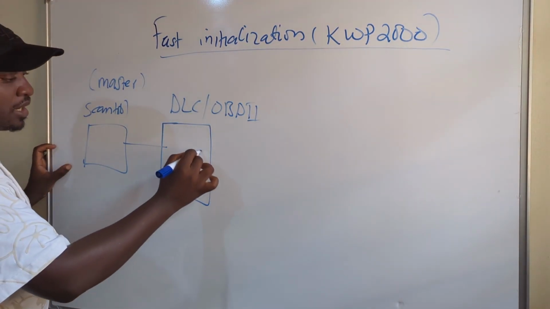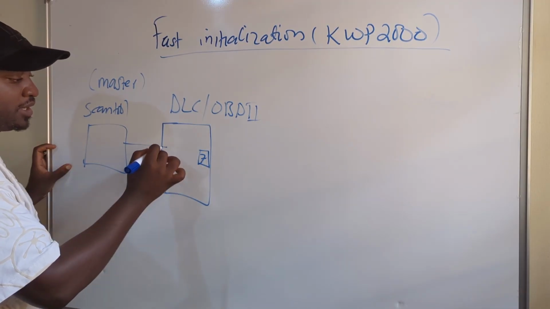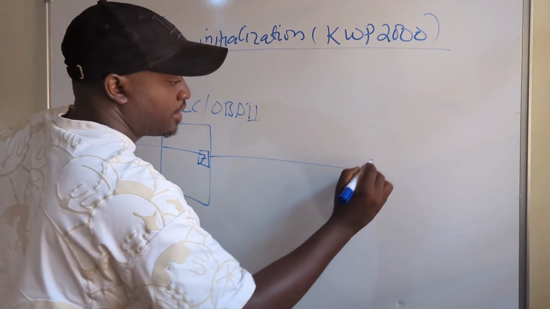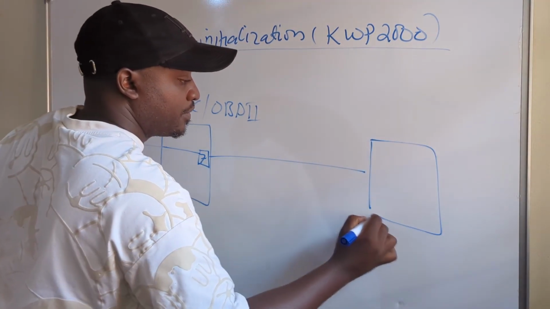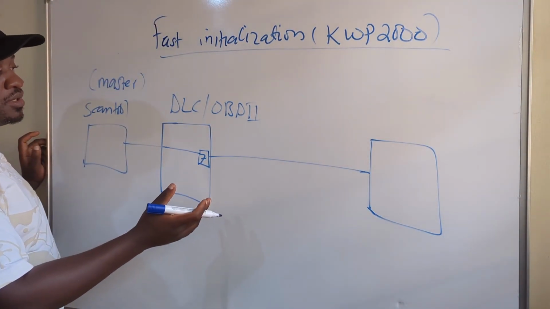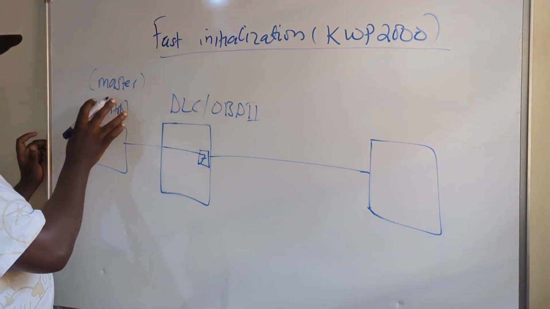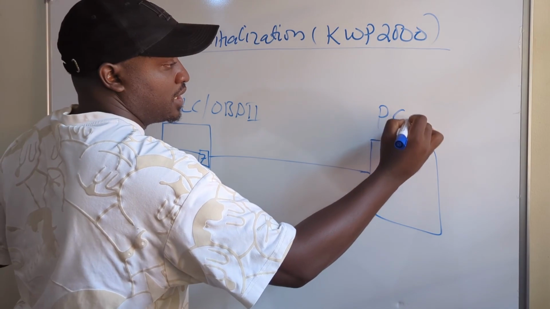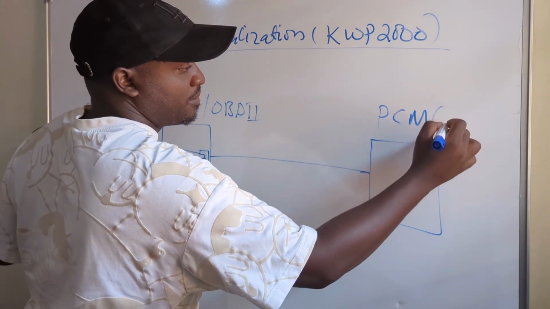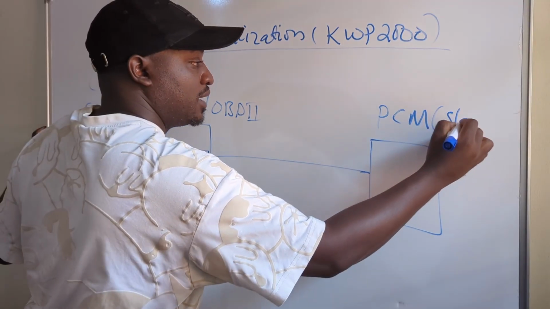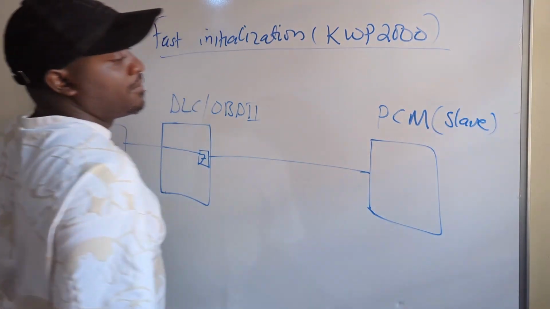In this case, I'm focusing on pin 7. And initiate communication between the master, which is our scan tool, and any node. In this case, I'll consider the PCM, which is the powertrain control module, which is acting as our slave.